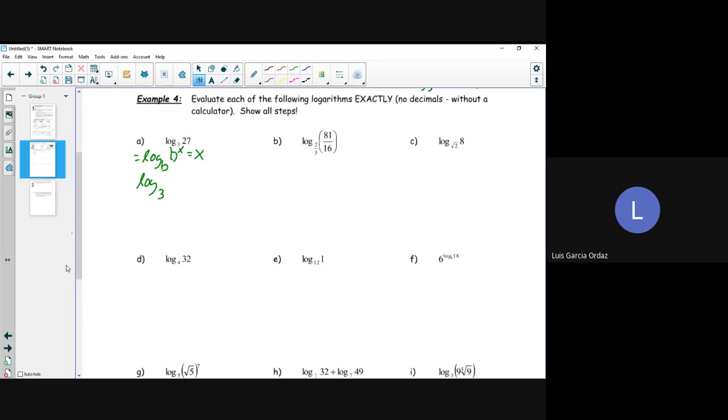Can 27 be a square root or a cubic root of something? So 3 cubed. So we get log base 3 of 3 to the 3 is equal to x, which means x is just equal to 3, and that would be our answer for A.